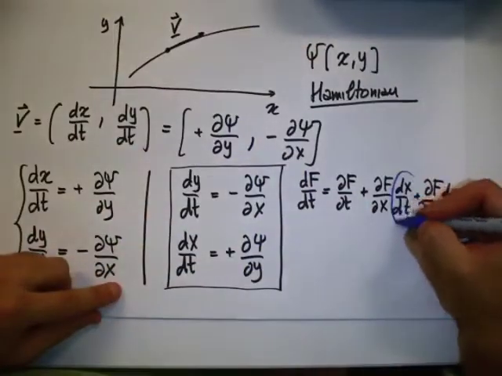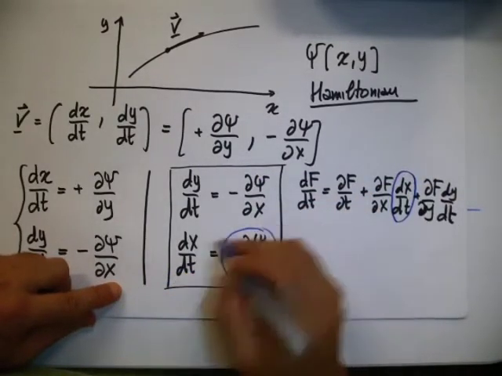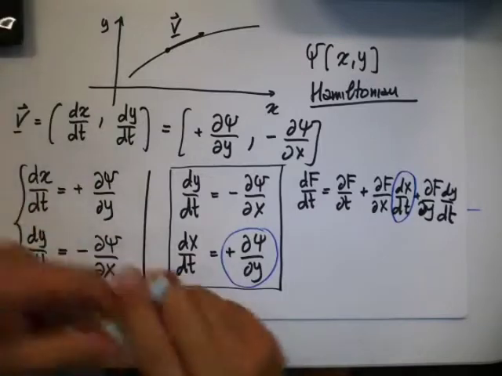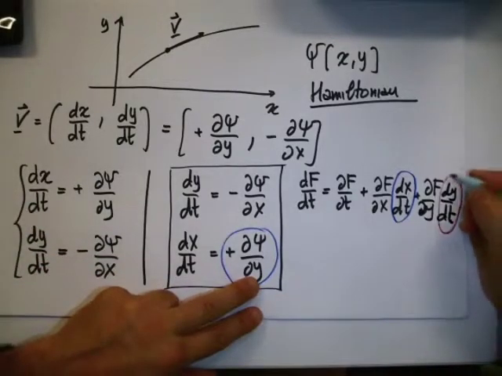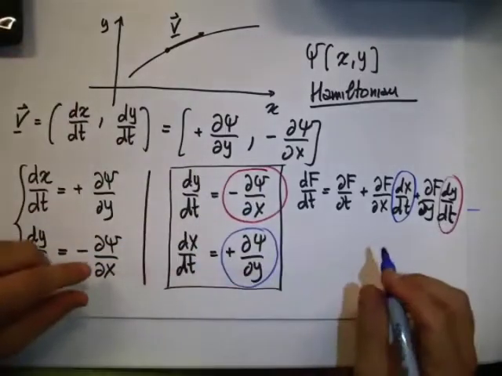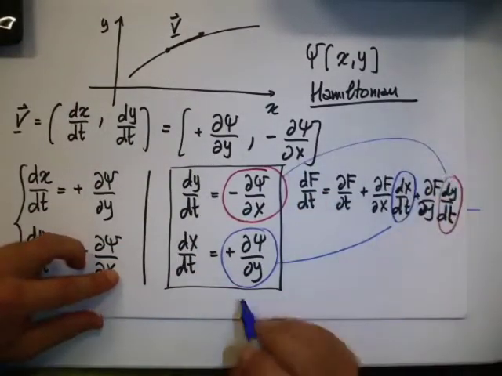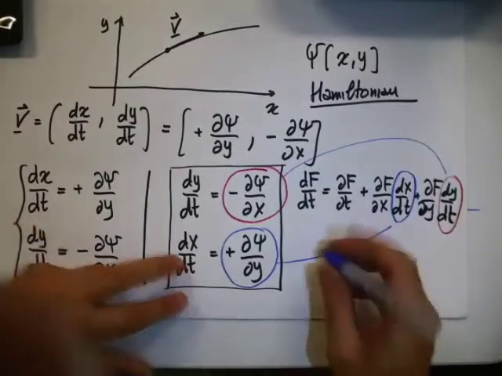And this is equal to this, and then this is equal to this. Is that right? So we have this and we have that.